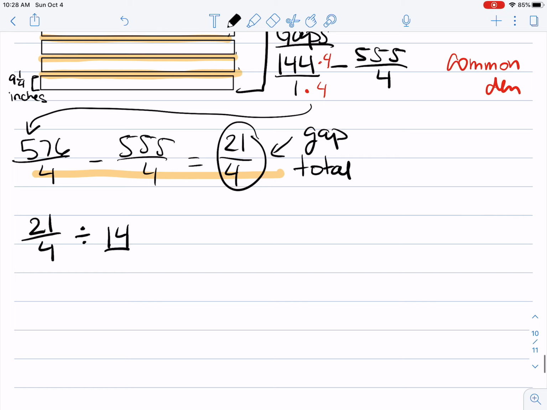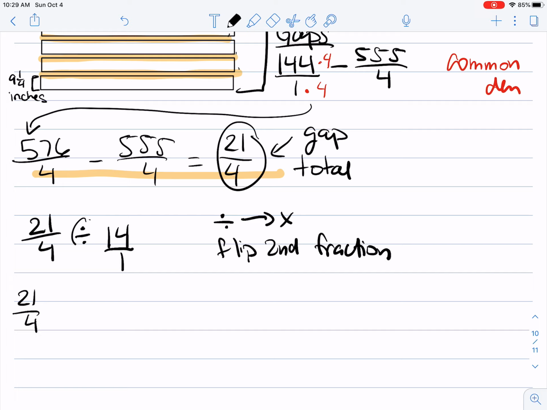And we're going to make this into a fraction. And so when we're dividing, we first need to change division into multiplication, and then we need to flip our second fraction. So 21/4 stays the same. Division changes to multiplication, and we flip our second fraction.